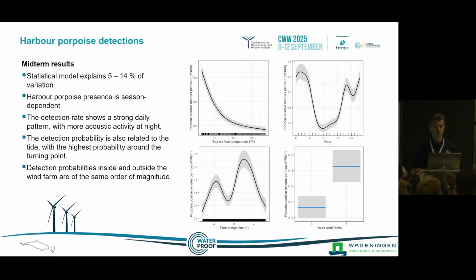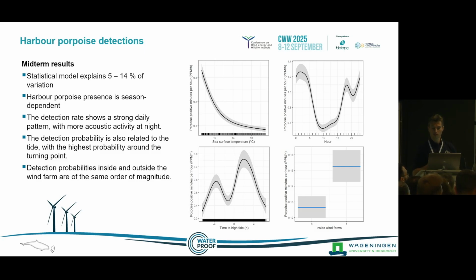And so we did statistical analysis, including a lot of environmental variables, to see if we can see temporal or spatial correlations in the data. We can see on different timescales that harbor porpoise presence can be explained. It can be explained on a more seasonal variety, so it's correlated with the water temperature.